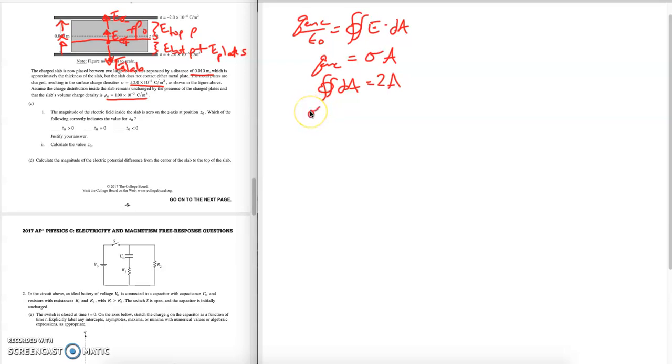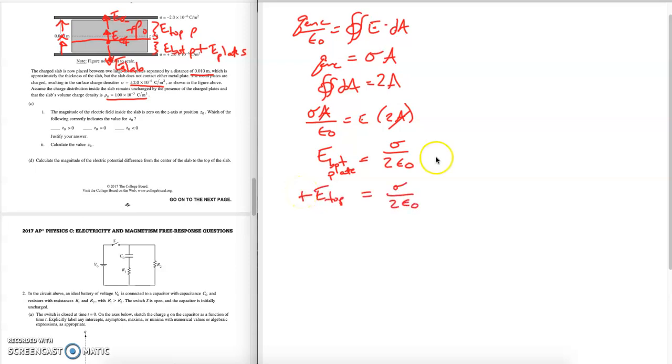So we'll have sigma A over epsilon naught equals E times 2A, and those guys cancel. And the E from the bottom plate equals sigma over 2 epsilon naught. But we have a top plate also. So plus E top, sigma over 2 epsilon naught, and this guy's up, and this guy is also up, as previously discussed with how electric fields point.